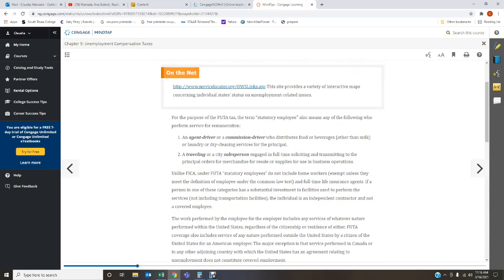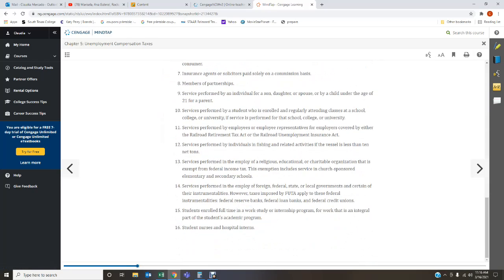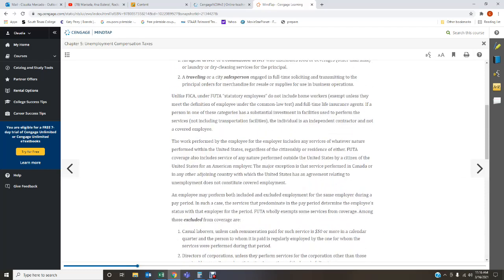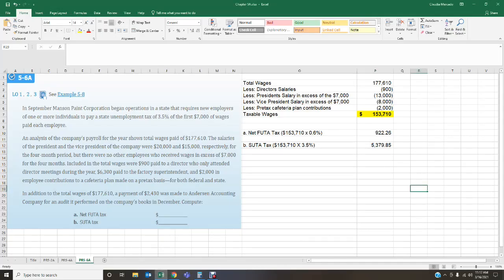Don't memorize. Just know, I remember that I read something about people being excluded. Why are they being excluded? Well, here's the list why. These are the people that are excluded for FUTA tax purposes. So make sure that you just know that it's available to you, and that way you will be able to refer to it. So it's not complicated, it's just lengthy, and it does have a lot of information.